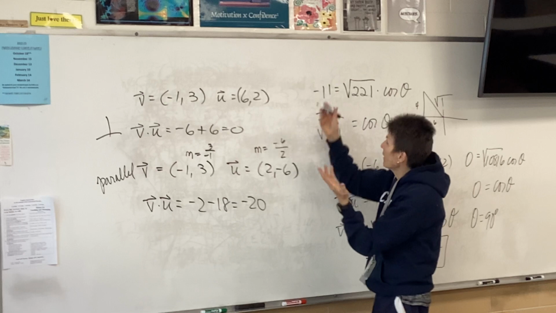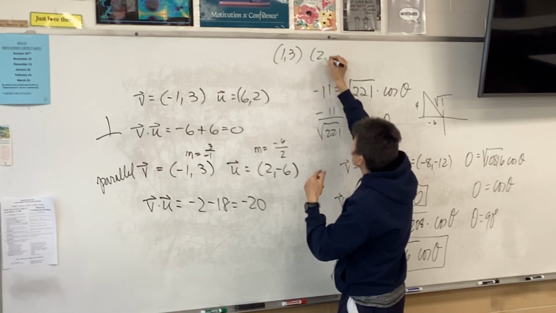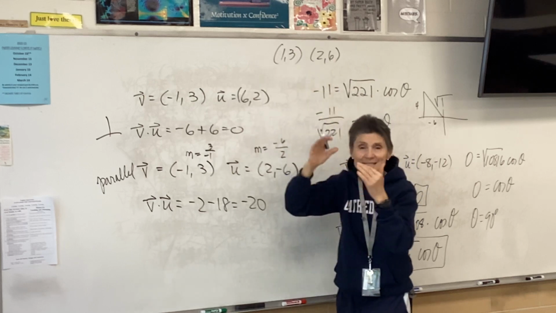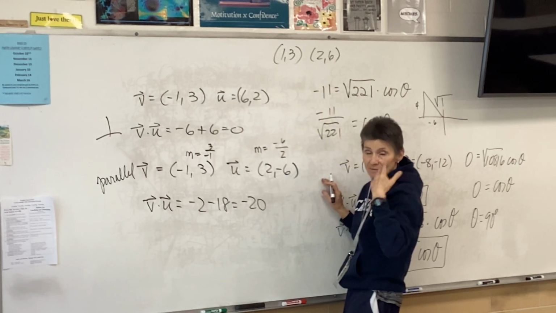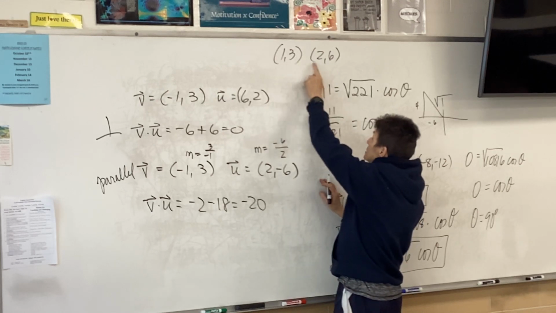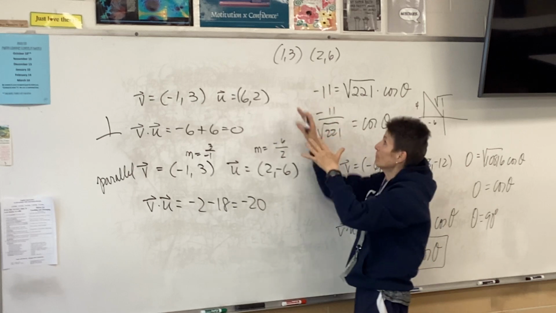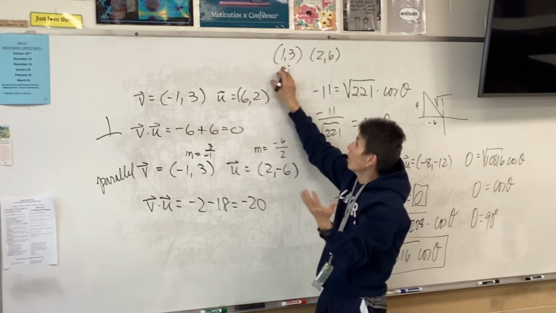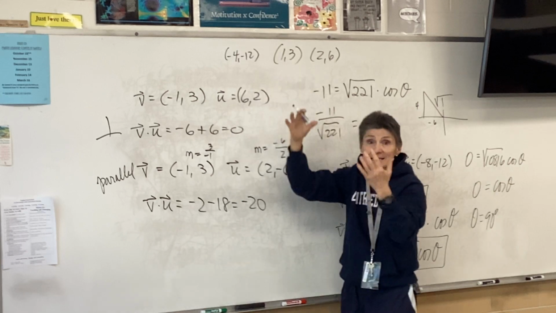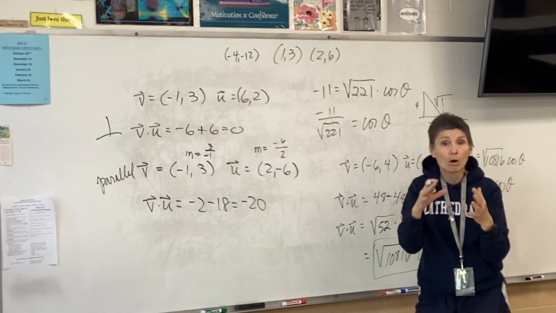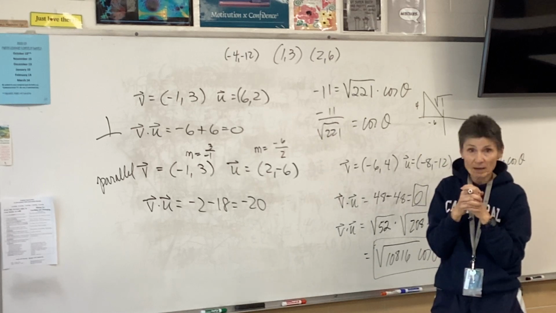So in other words, if I had the vector 1, 3, then 2, 6 is called a scalar multiple. I just take whatever scalar I want, in this case 2. 2 times those gives me this. So if I multiplied by -4, it would be -4, -12. Any scalar multiple, multiply by a number, any scalar multiple is parallel.